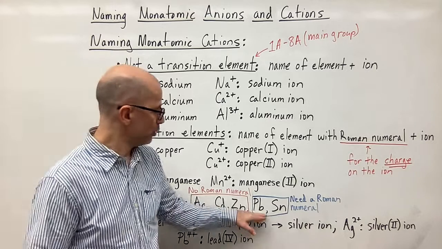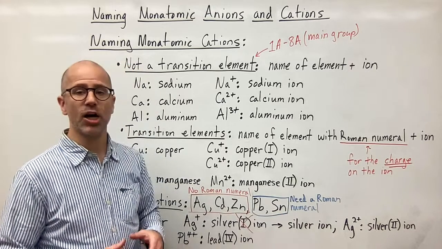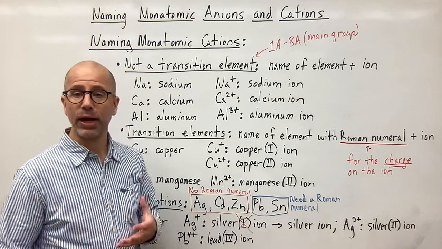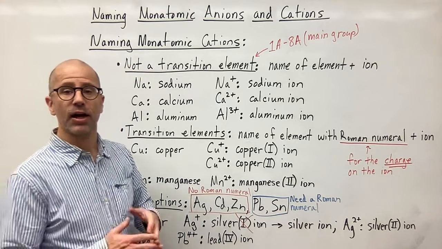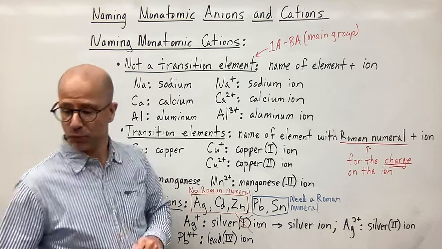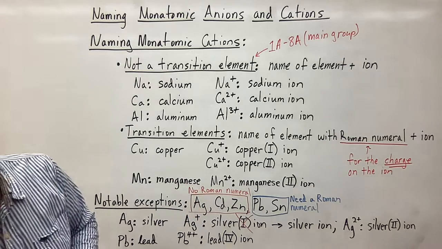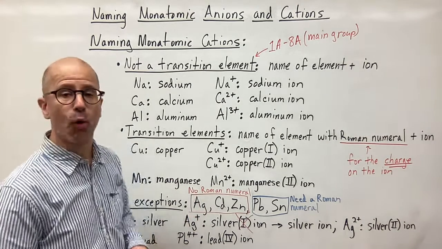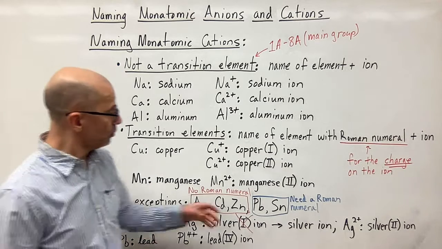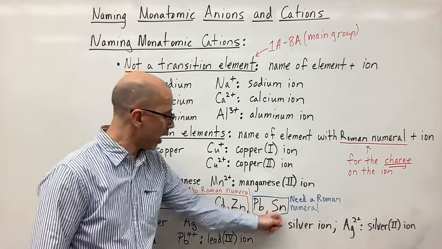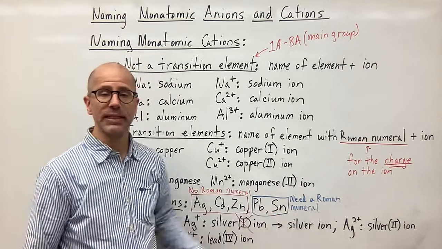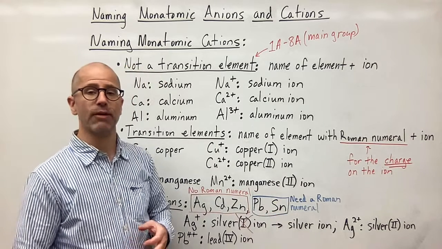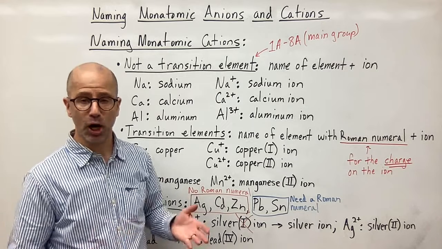For these two, lead and tin are technically main group elements. They're in the group A's, right? They're both in group 4A. So they are main group elements, but in this case, they do require a Roman numeral because they can have multiple charges.